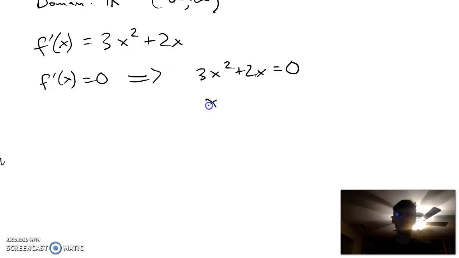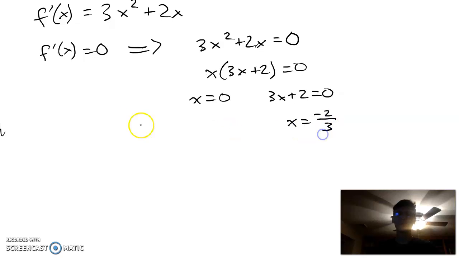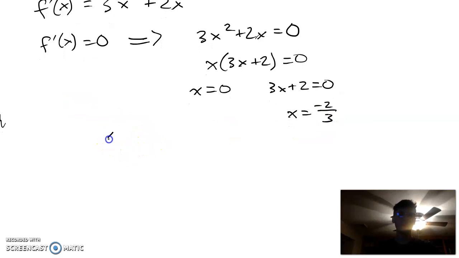So if we factor out an x, we get x times (3x plus 2). So x could be 0, or 3x plus 2 could be 0. Subtract 2, divide by 3, we get x equals negative 2/3. Okay, so let's test it out on the number line here.